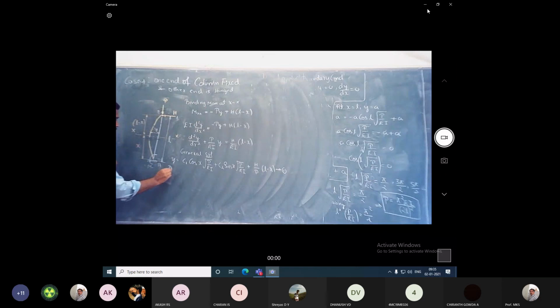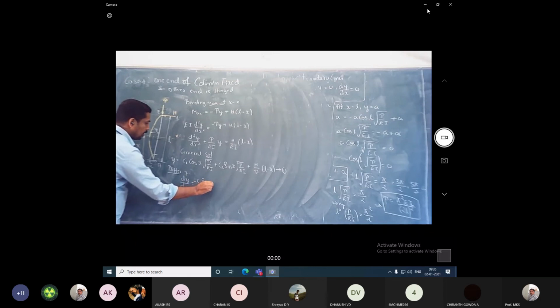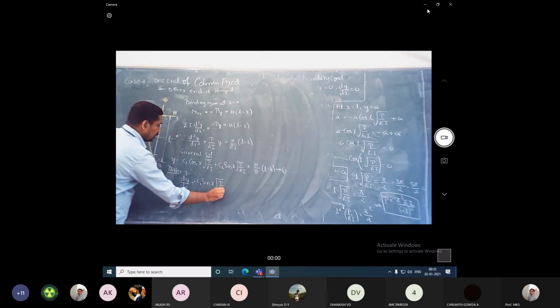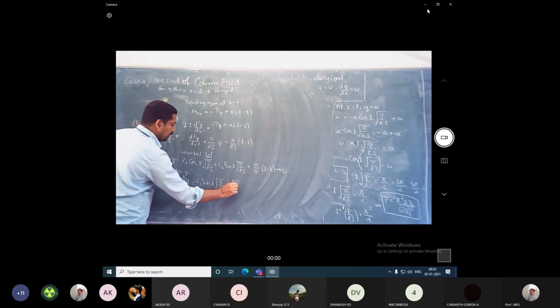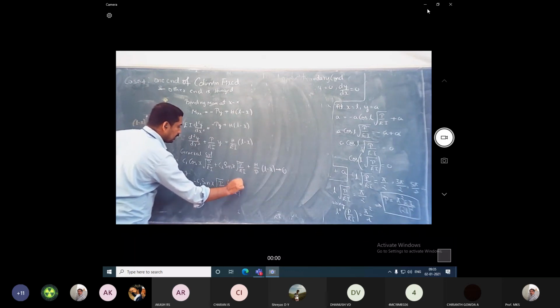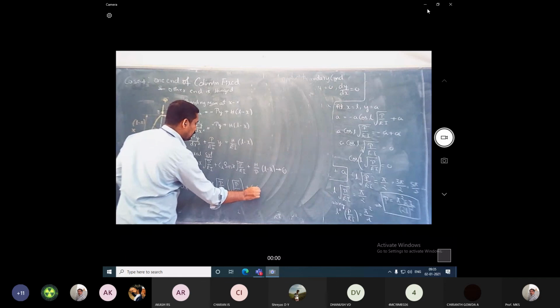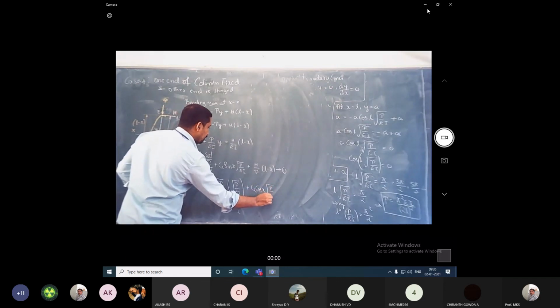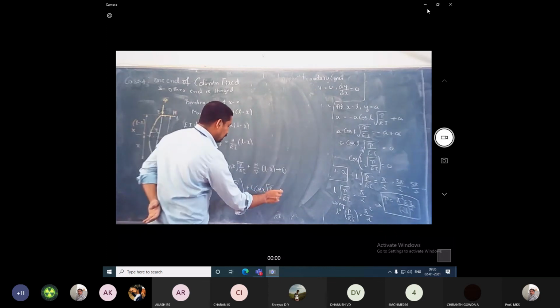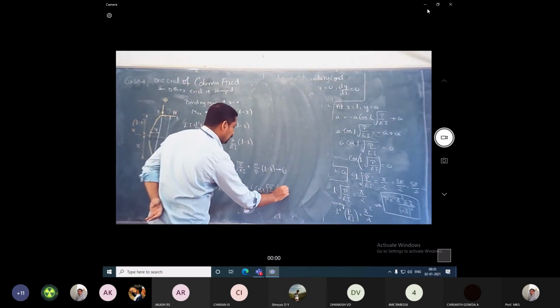Next, differentiating, dy/dx will be equal to minus C1 sin x root P by EI, and the differential of x root P by EI gives root of P by EI, plus C2 cos x root P by EI into root of P by EI.